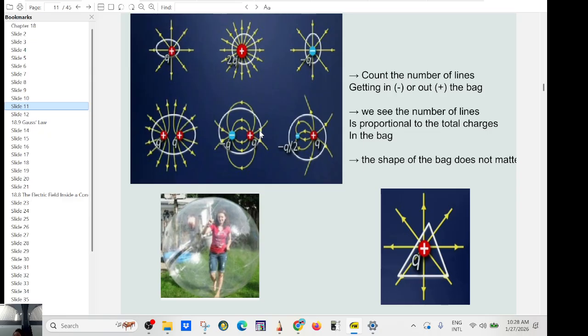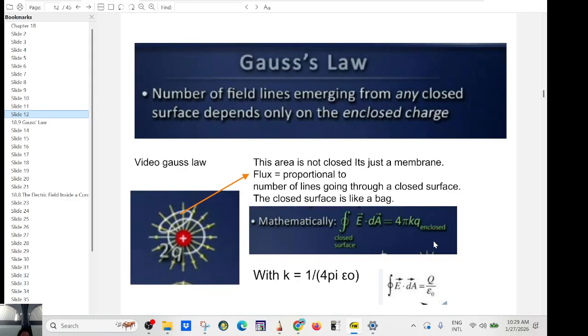Very good. And the number of lines here will be twice this one because you have twice the charge. If you have this one, it will be half that one. Now, it doesn't matter what your bag looks like. It's imaginary.